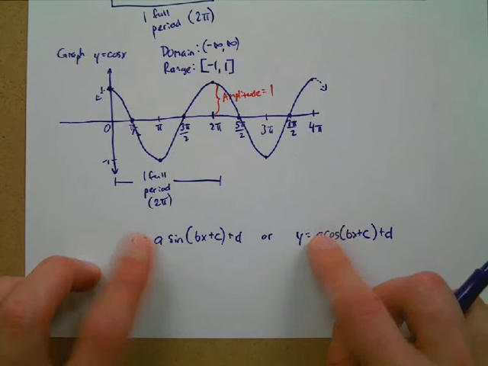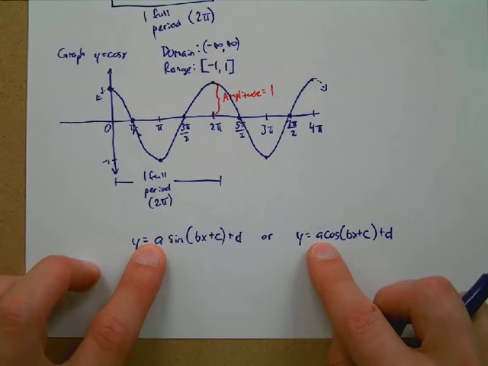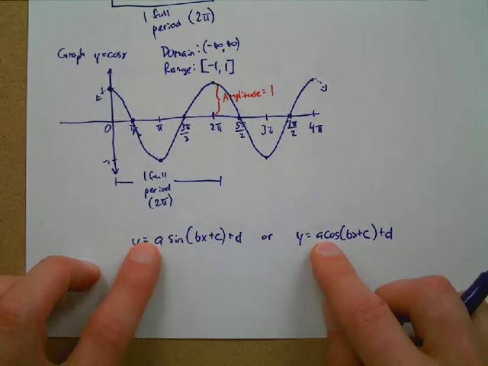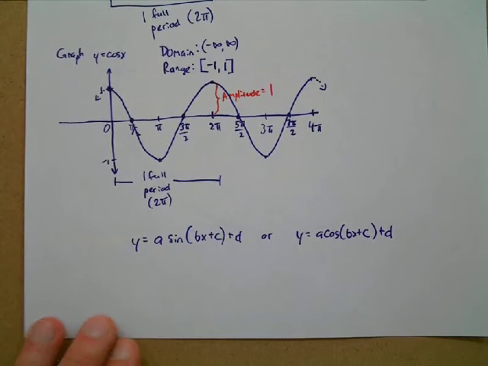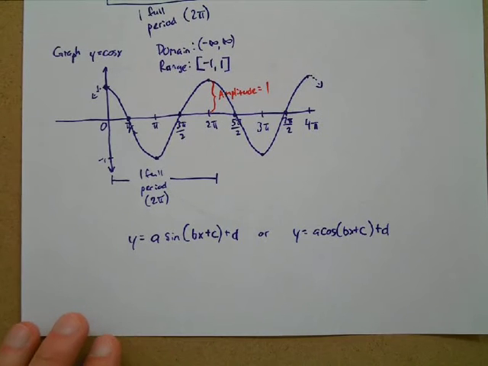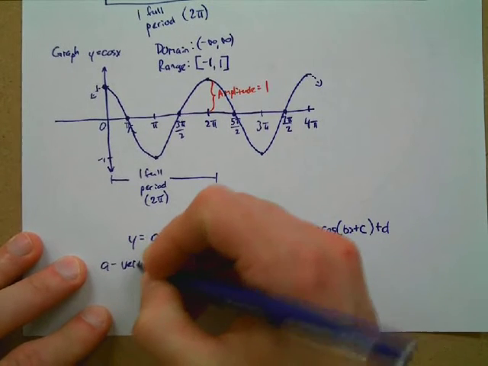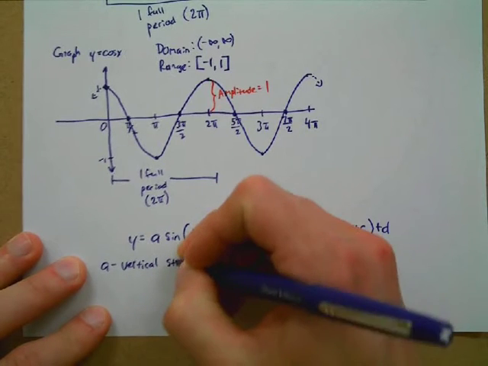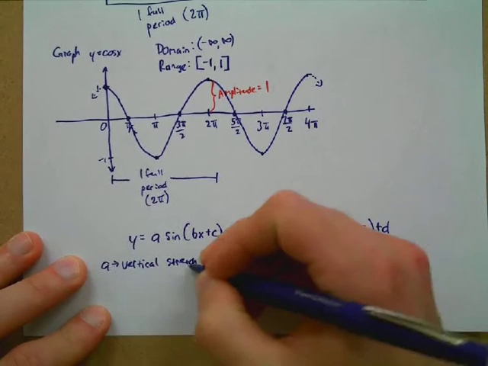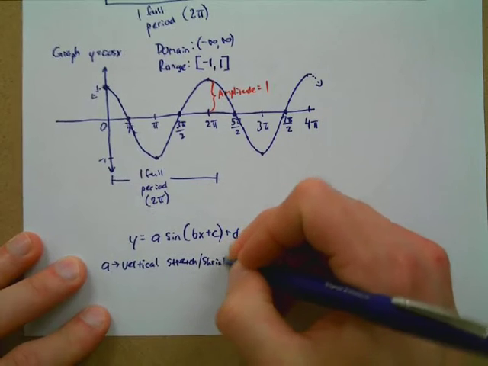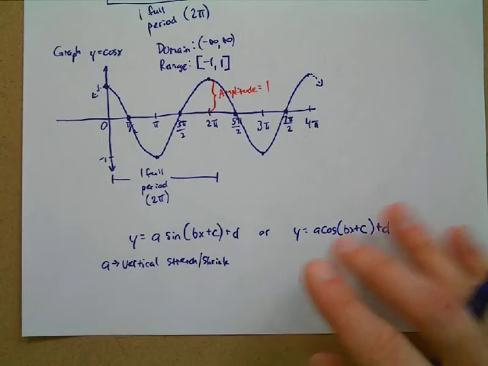You guys remember? What does the coefficient in front of our function do? What kind of transformation does that result in? A stretch or a shrink, that's right. So A is a vertical stretch or shrink.